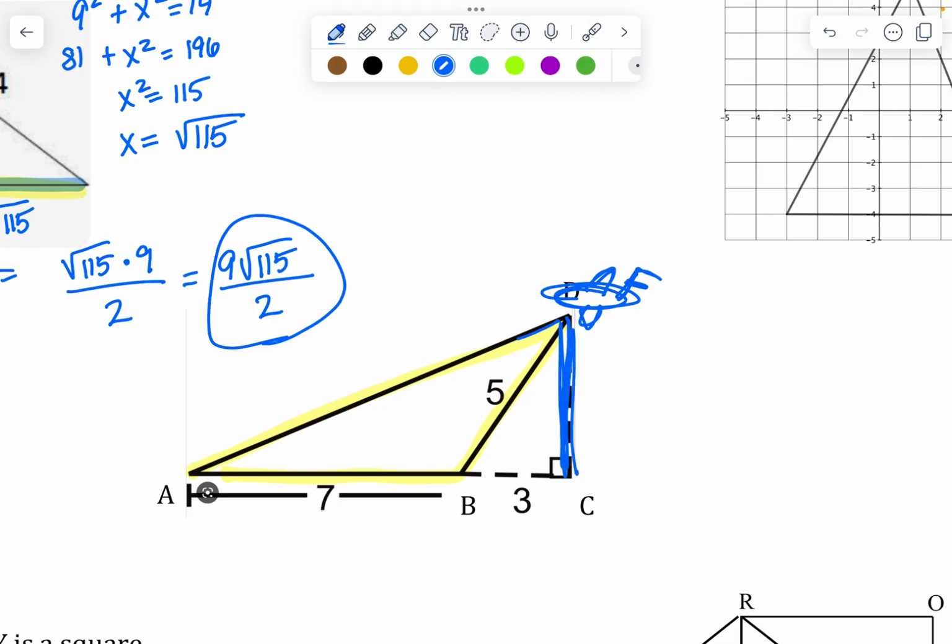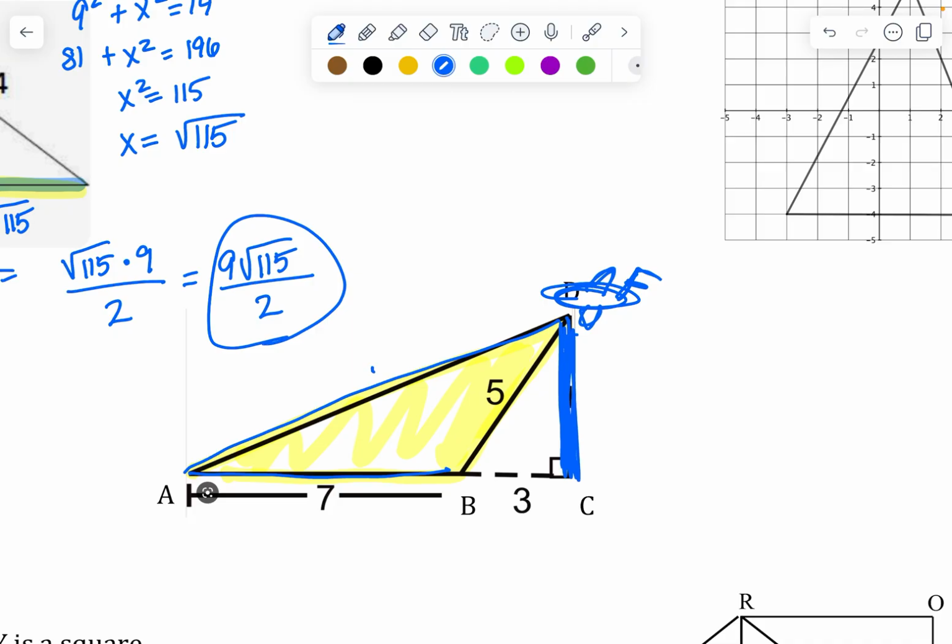Where like this is where they're going, but this is still considered the height no matter where you are. So if we're trying to find the area of this obtuse triangle here, while 7 is the base, it may not connect to the height, and that's okay. The base and the height don't necessarily need to touch, and they won't touch in an obtuse triangle.